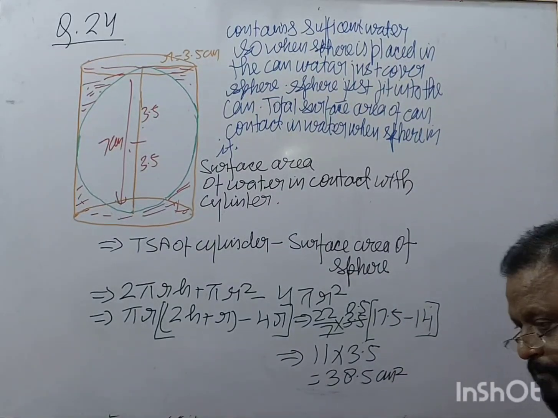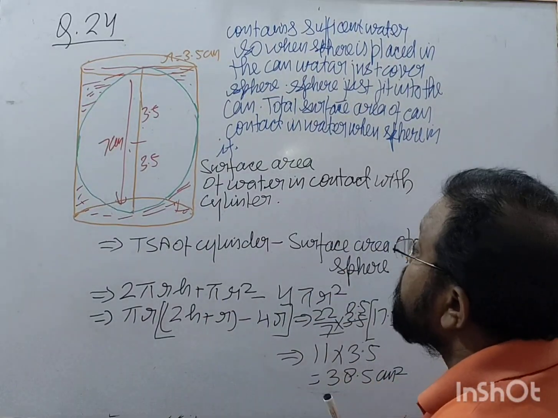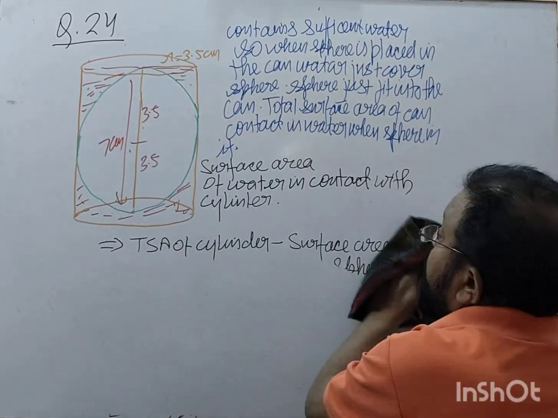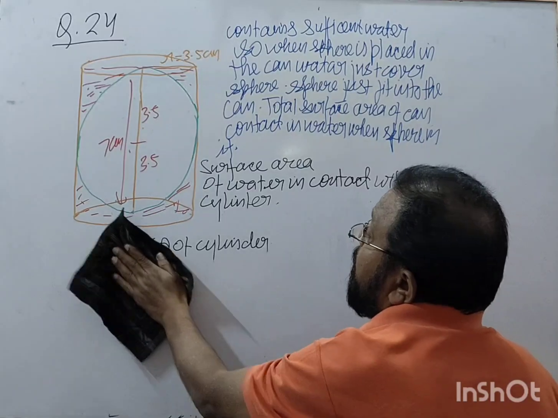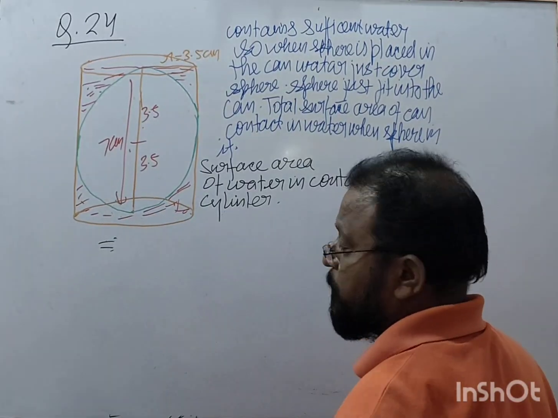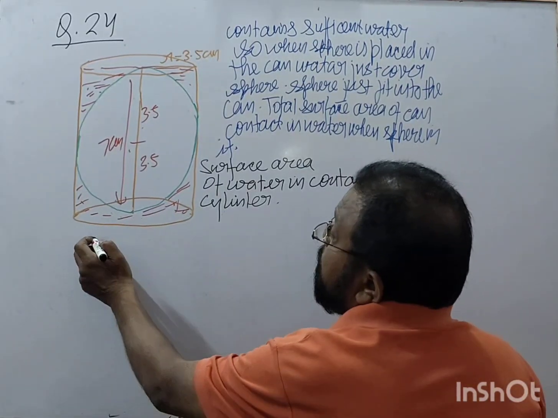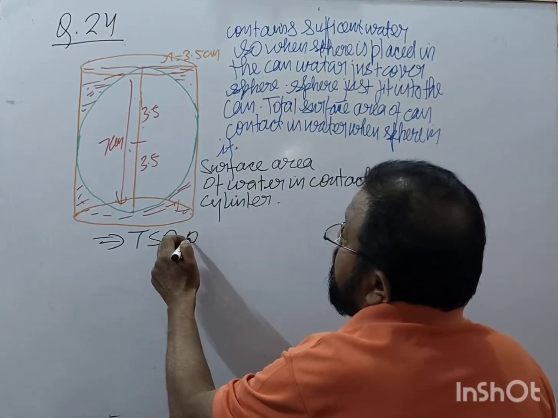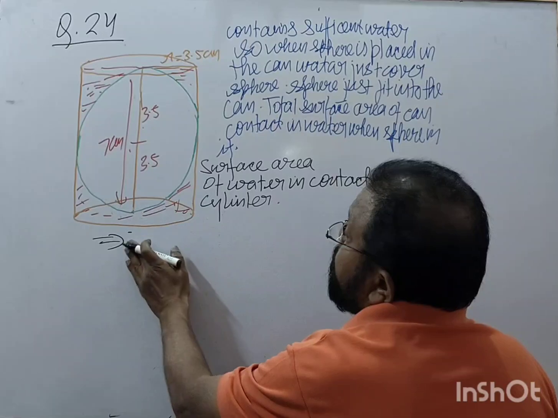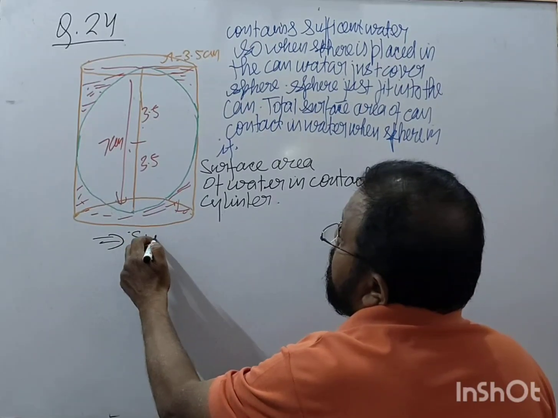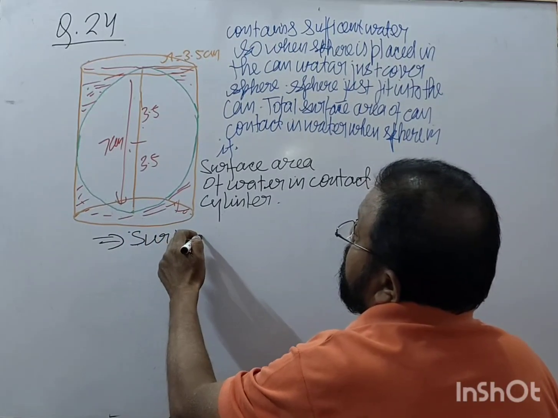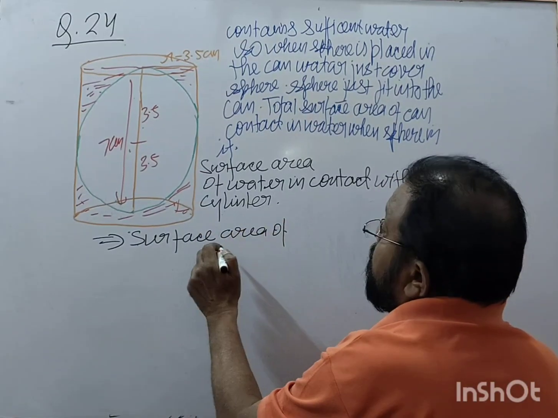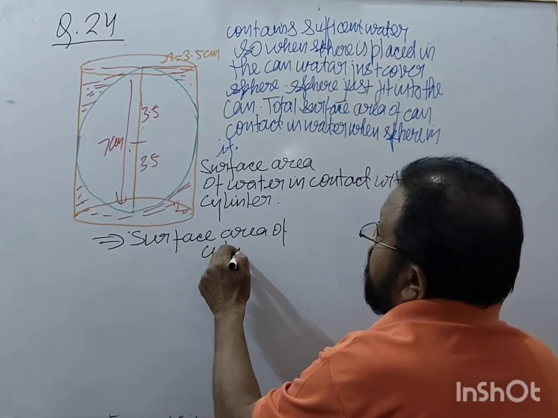Okay, so the surface area which is in contact with water is equal to the surface area of cylinder.